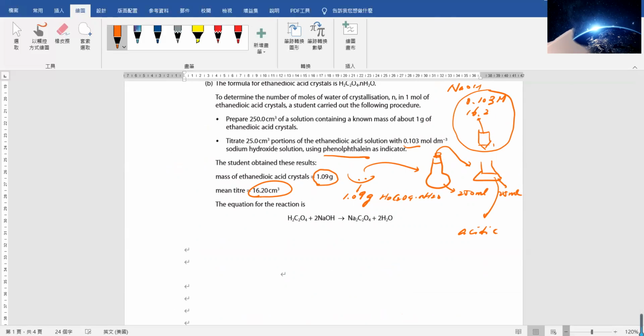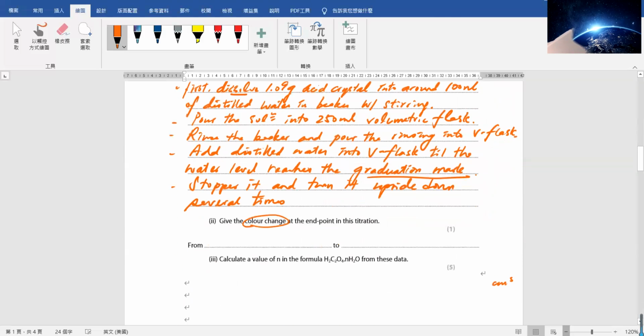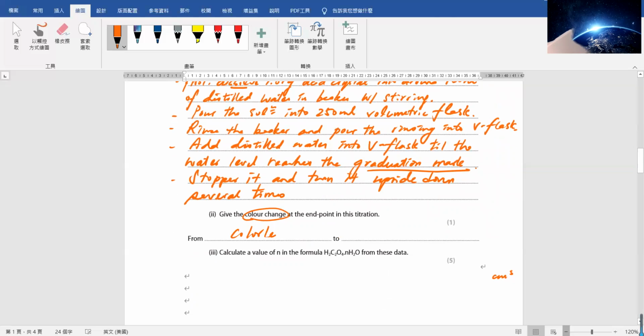The solution made from the ethanedioic acid is acidic, so the phenolphthalein in acid will be colorless. When you add alkali into it, when it reaches the endpoint, it becomes pale pink, remember? And in alkali, it is purple. So it will change from colorless to pale pink, as I said.